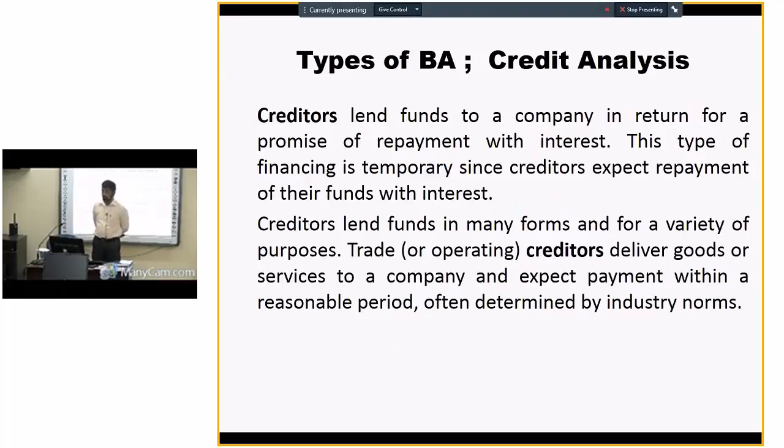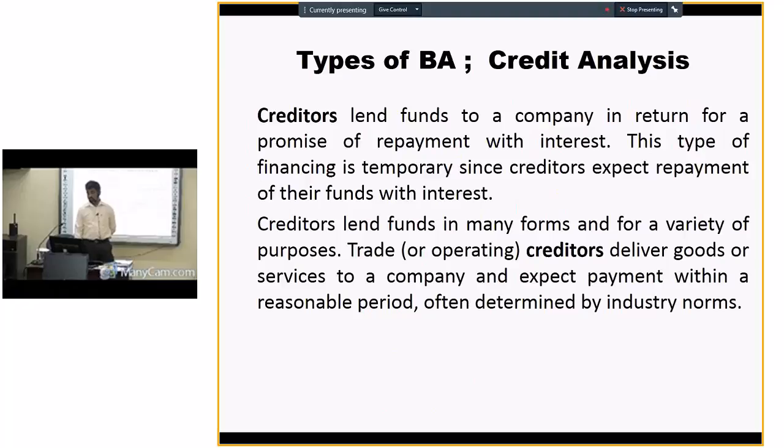Here another part is credit analysis. Credit analysis is also a part of business analysis. Creditors lend funds to a company in return for a promise of repayment with interest. This type of financing is temporary, since creditors expect repayment of their funds with interest, right?